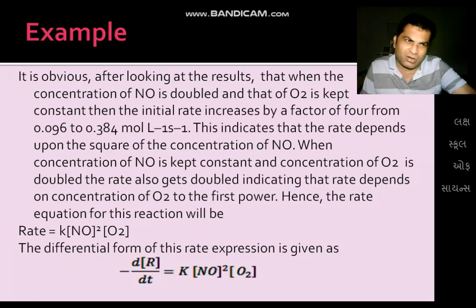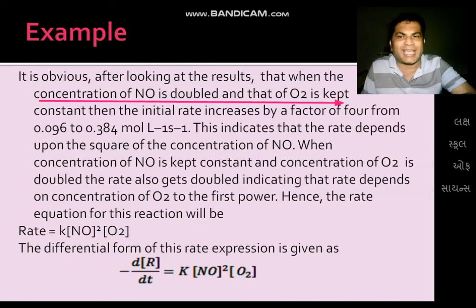Now let's see what is written in the book, as I explained: when the concentration of NO is doubled and that of O2 is kept constant, the initial rate increases by a factor of 4, from 0.096 to 0.384.